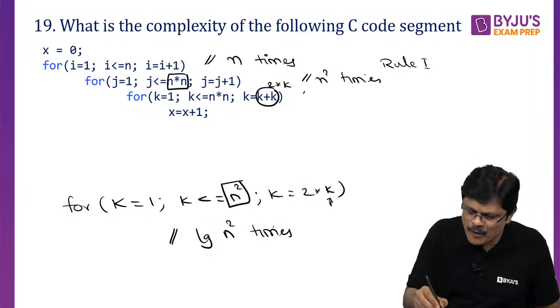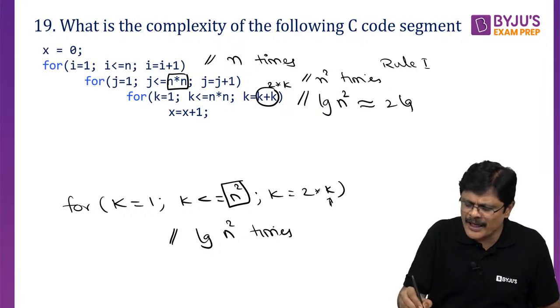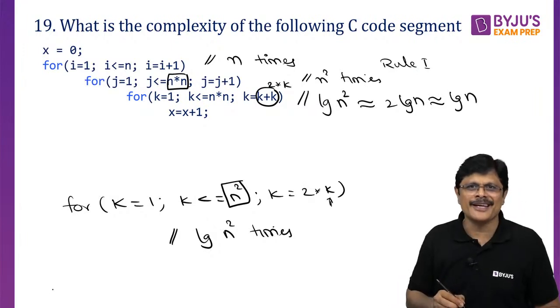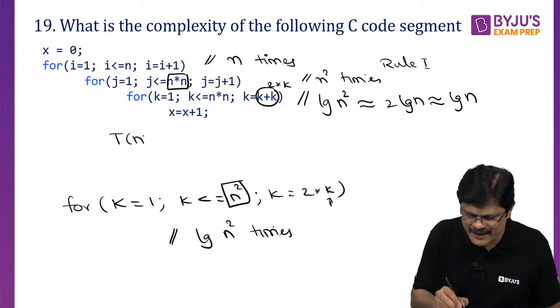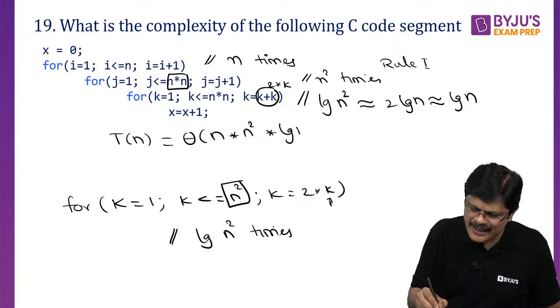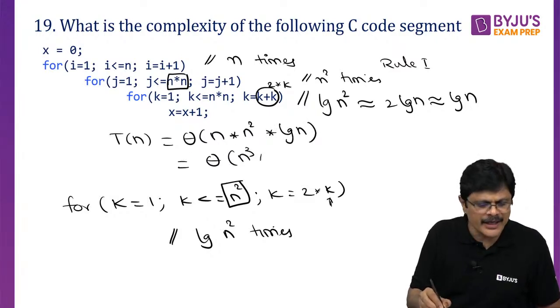But log n square is nothing but 2 log n, and we can ignore the constant, so it is also log n only. Therefore, the complexity is theta n into n square into log n, which is theta n cube log n.